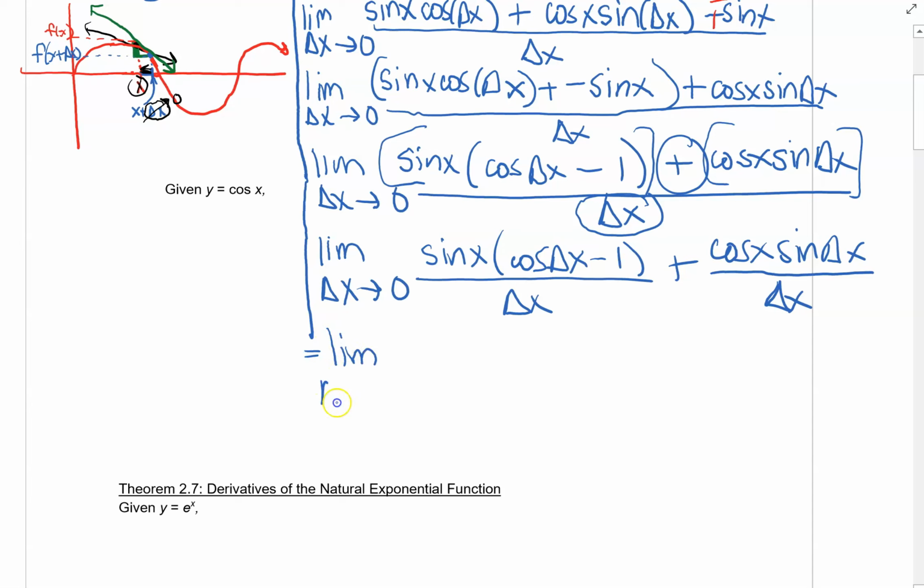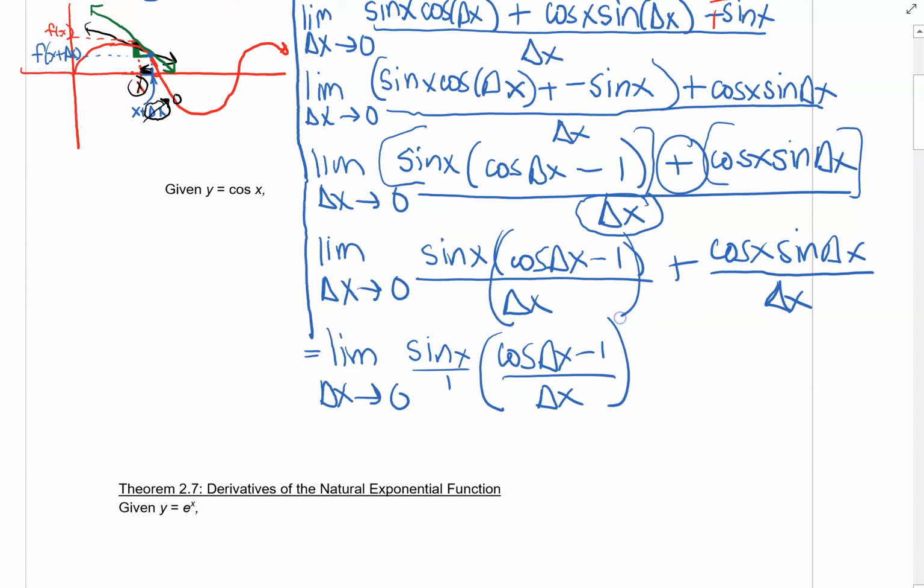And then I get the limit as delta x approaches 0 of, and this is how I'm going to think of this, sine of x, maybe you can think of that as over 1, times cosine delta x minus 1 over delta x, because that's what I have here, plus cosine x off on its own, which you can think of as over 1, times sine of delta x over delta x.